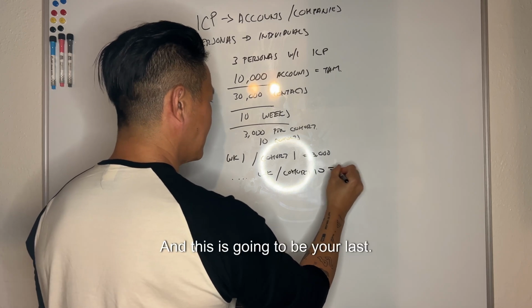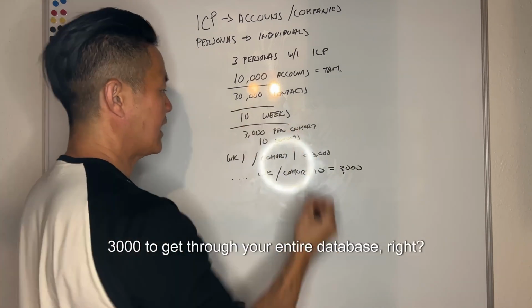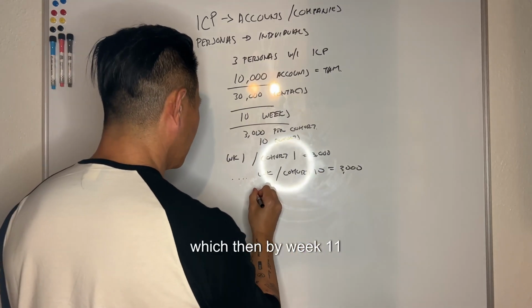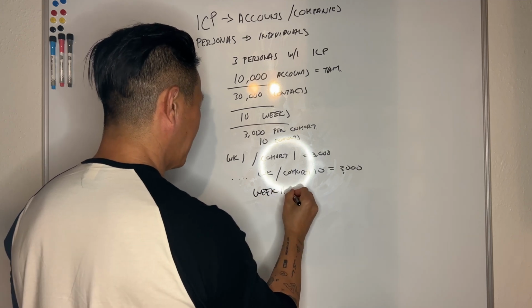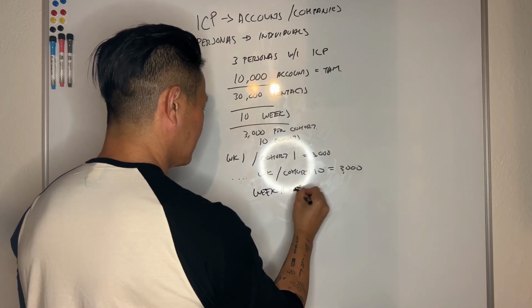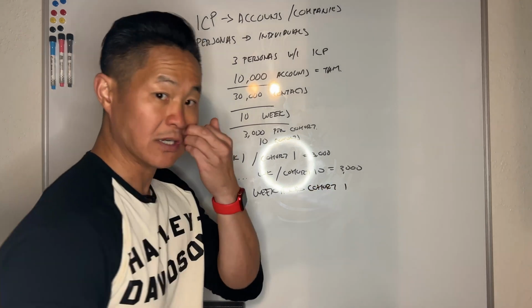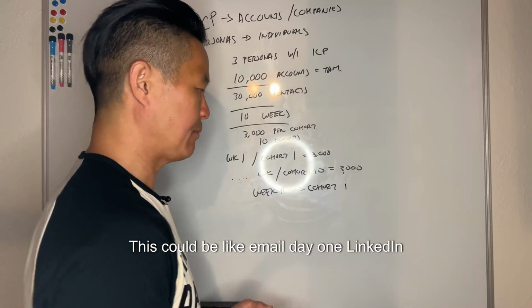And this is going to be your last 3,000 to get through your entire database, right? Which then by week 11, what you should be doing is going back to cohort 1 with new messaging.